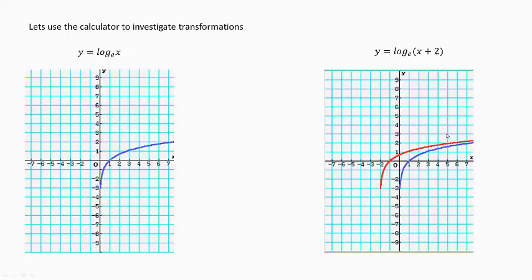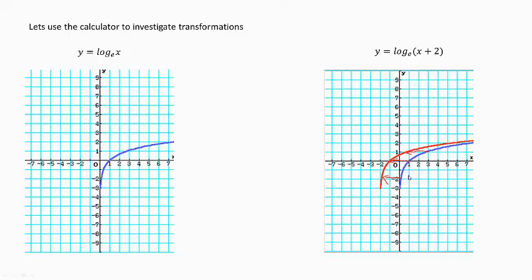Every point here has moved parallel to the x-axis, 2 places. Now, what does that mean for our xy point?